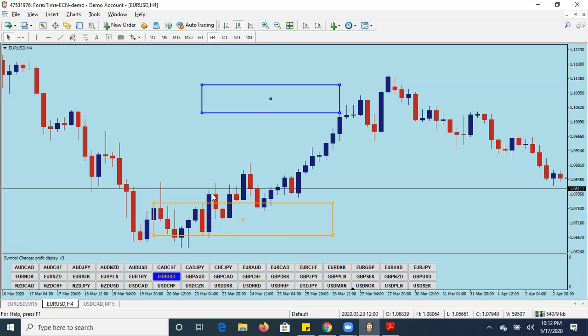Framing up an entry will be when price trades back into this order block. Remember, the order block is actually the bearish candle. The bullish candle simply authenticated and validated the order block. So when price trades back into this, we usually would not expect price to go below the order block, and that's why we put our SL there. So I think I'm done with that before I mix things up.